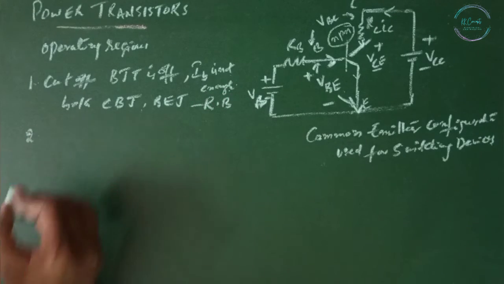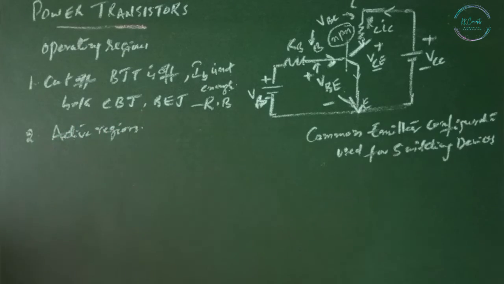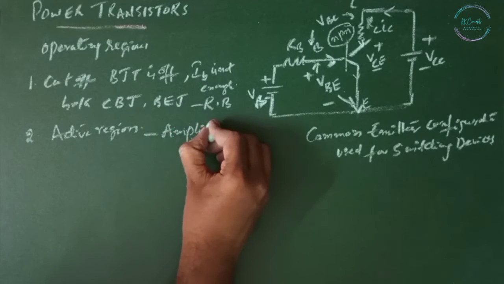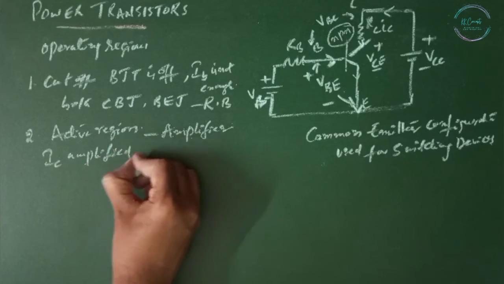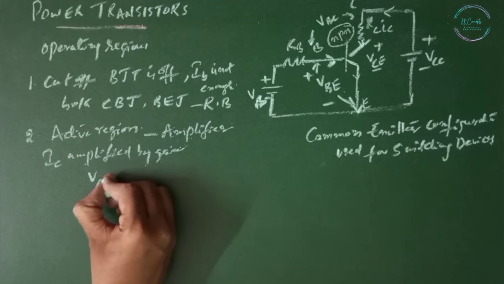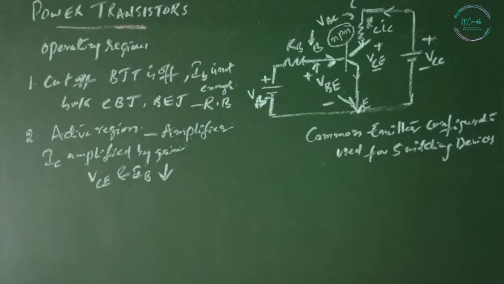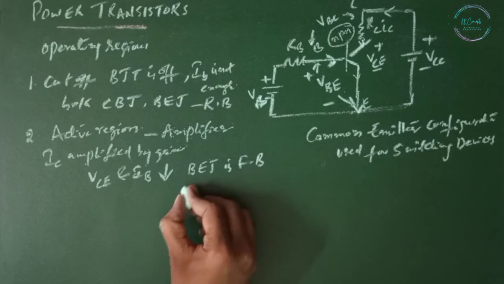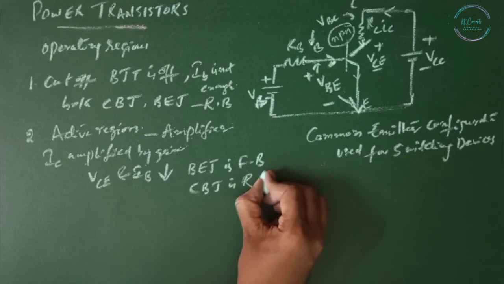The second operating region is the active region, and this region we use for amplification purposes. IC is amplified by the gain. The BE junction is forward biased, whereas the CB junction is reverse biased.